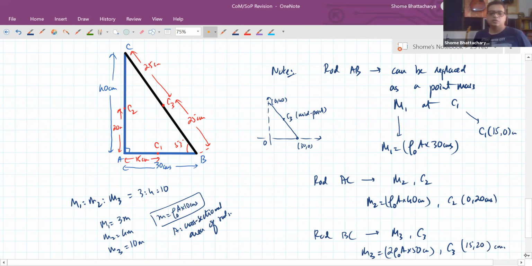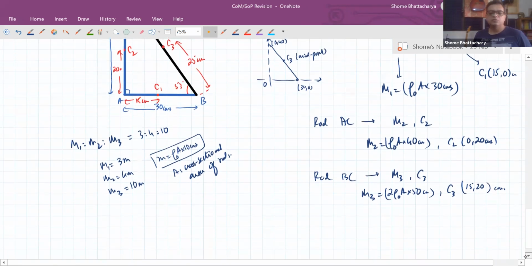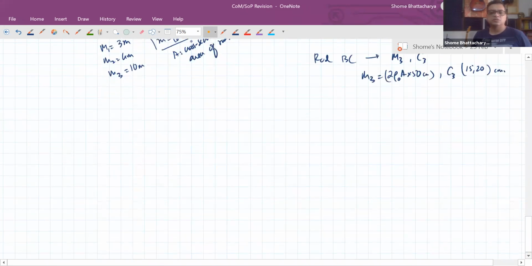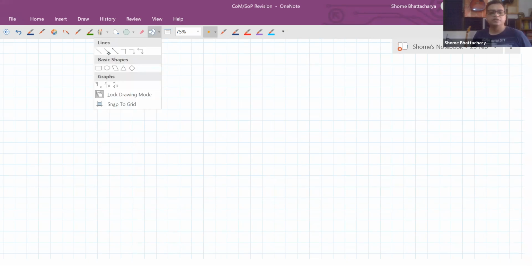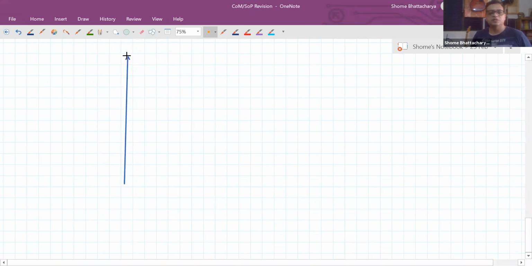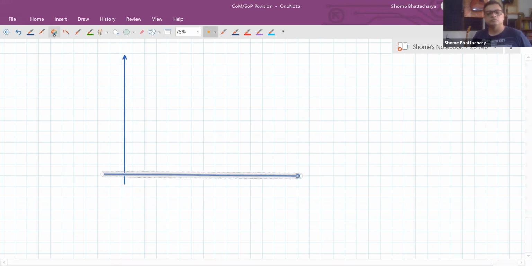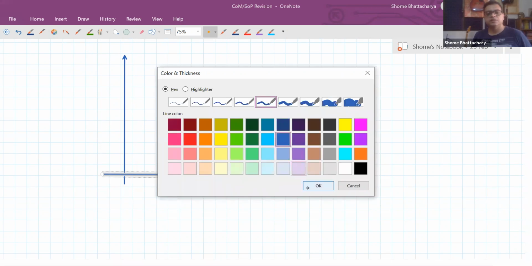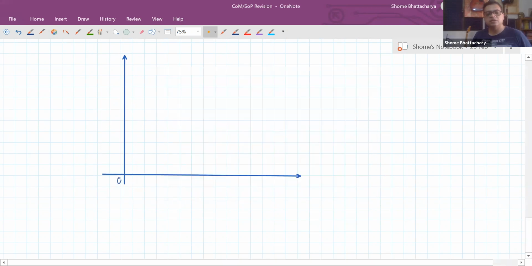Okay. So now our system becomes a system of 3 particles. Instead of something so complicated, it just becomes a system of 3 particles which are located like this with respect to our reference frame, where the corner A is our origin. Okay.